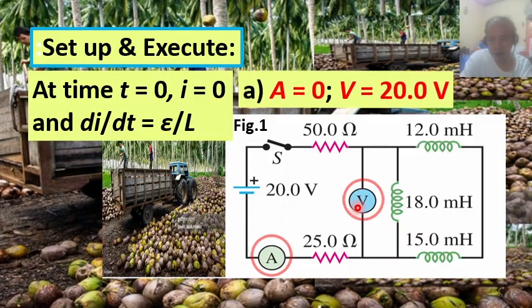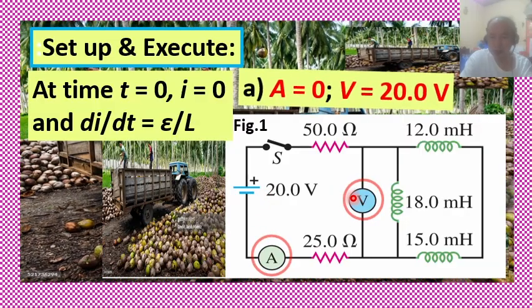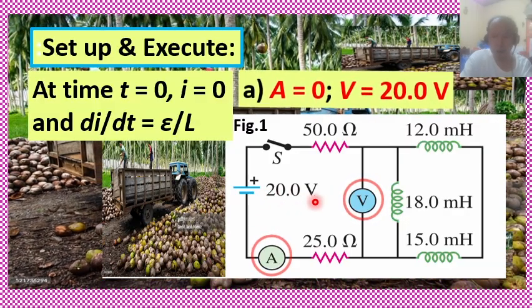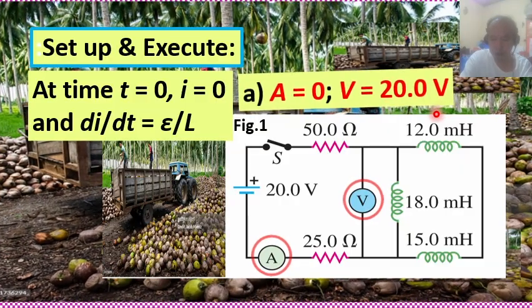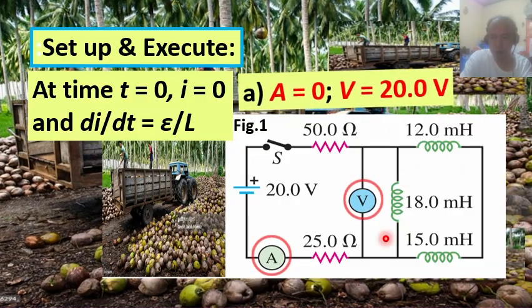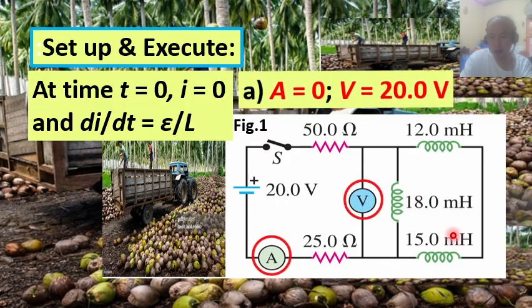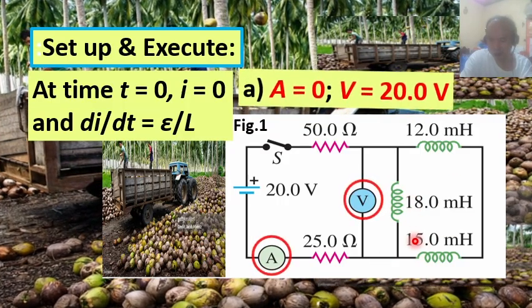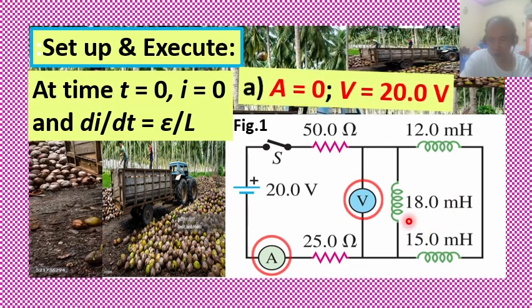So naturally, the voltmeter will read the actual EMF of the battery equal to 20.0 volts. This is as if the three inductors are not present in our circuit.